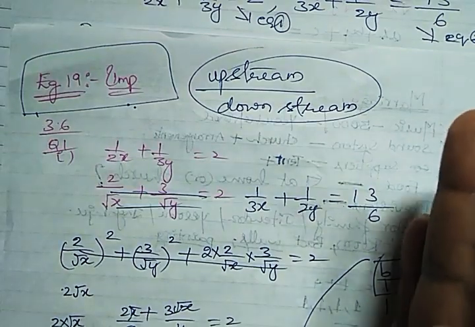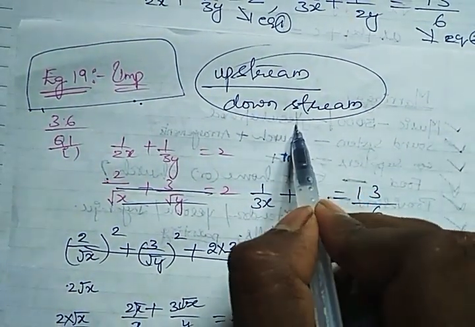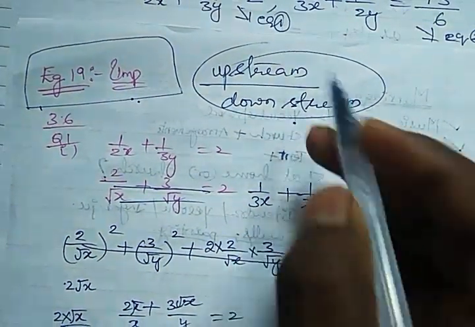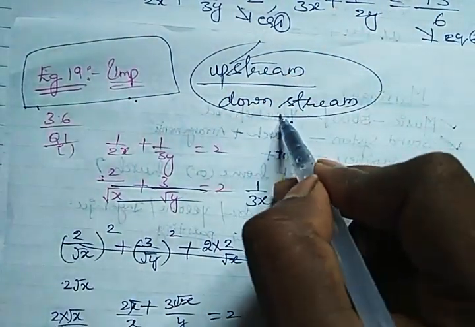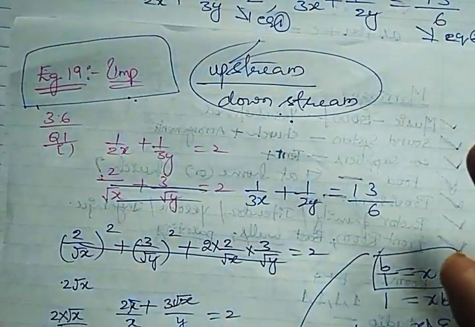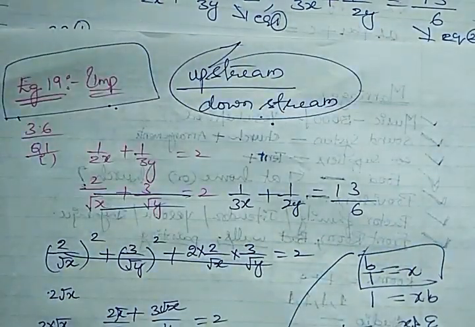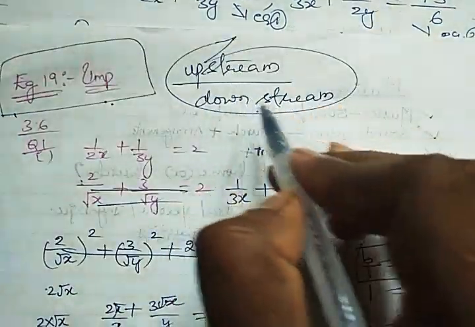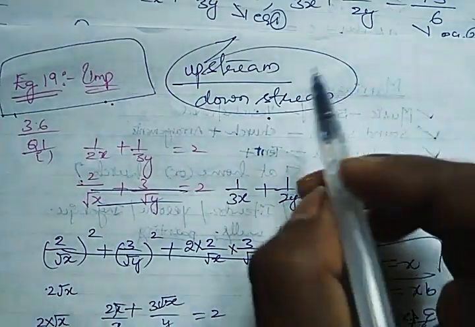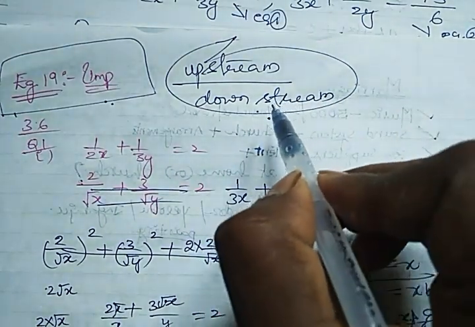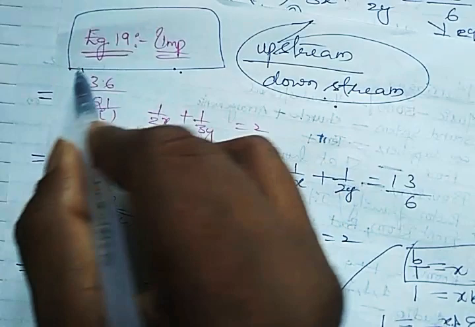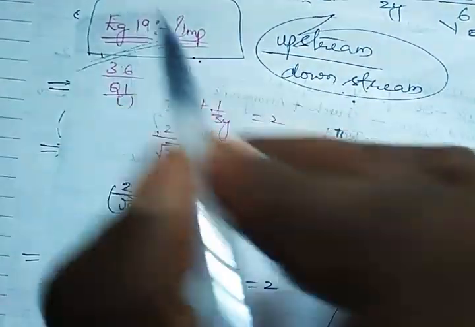So I request all of you to thoroughly focus on these questions. Even if you don't understand, I'll explain in my own words, according to the way that you want. But first you go through the explanation given in the textbook, example number 19, and many other questions based on this model.